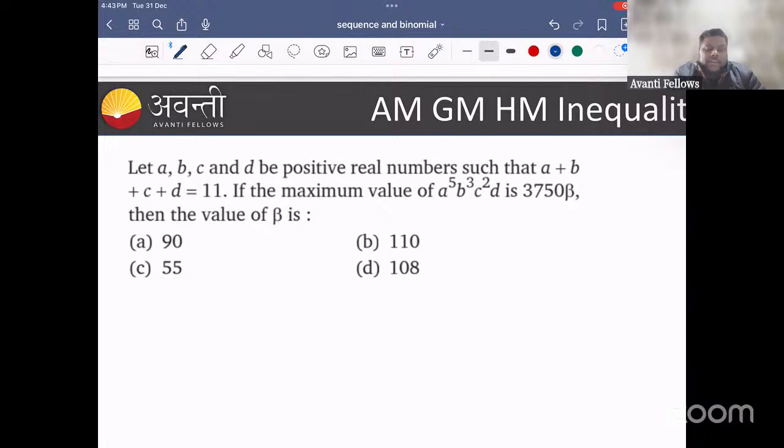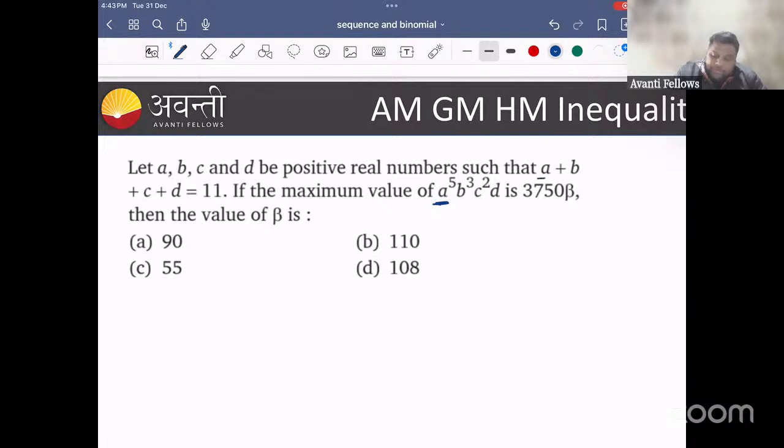First of all, in any question, whenever you see something like positive real numbers, the thing that should strike your mind is that it can be of AM-GM. Am I clear? So if you see positive real numbers in a question, that means it can be of AM-GM. Now see, they're asking for A to the power 5.